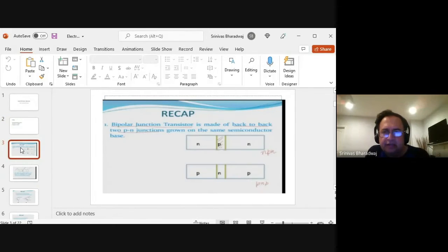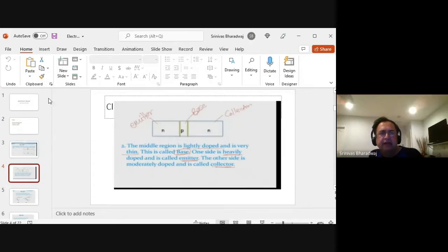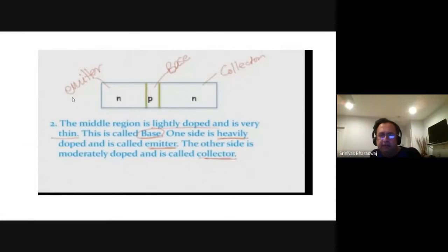A CMOS consists of an NMOS and a PMOS. The combination of an NMOS and a PMOS makes a CMOS. Now in a bipolar transistor, we had two back-to-back junctions, an NP and a PN. And then we went on to look at the middle region, which is very lightly doped.